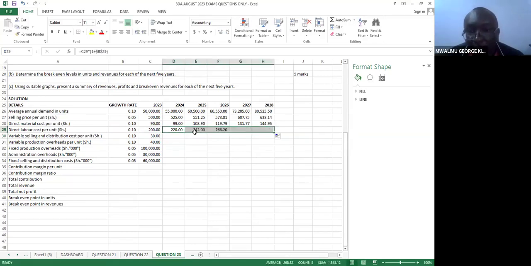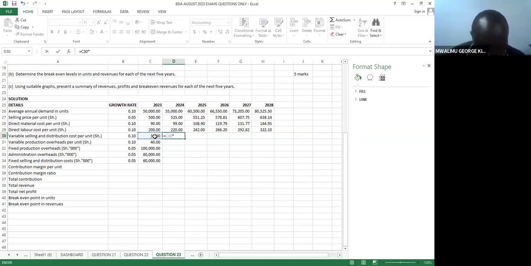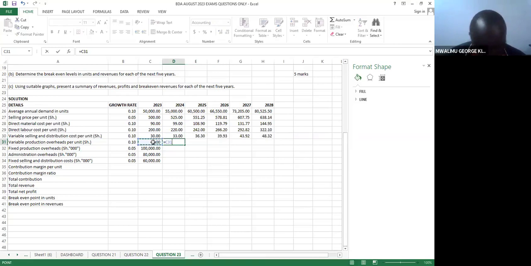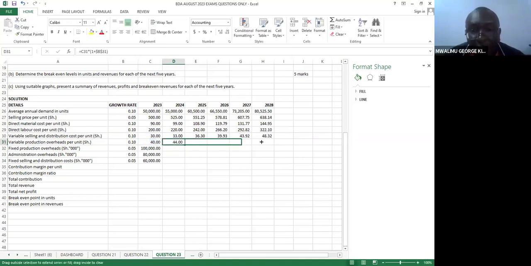You have to fill up to that point, equals this times, open the brackets, 1 plus this, F4, close the brackets. This one, the same thing, equals this one times, open the brackets, 1 plus this one, F4, close the brackets. So we enter that way.